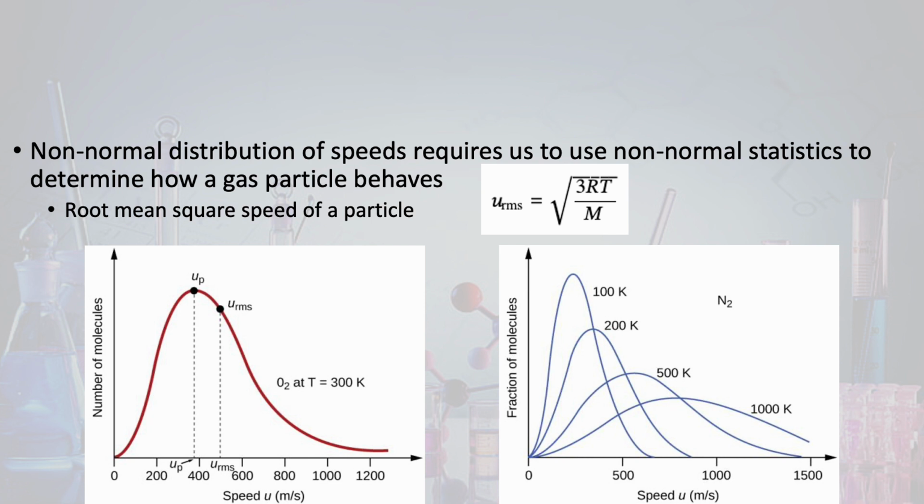It doesn't break down to our normal Gaussian distribution. As we increase the temperature, we basically see that disparity increase, right? So we see continued non-normal distribution, but the fraction of molecules that are moving faster increases and increases. And at those really, really high temperatures, we see a whole array of speeds of those gas molecules.